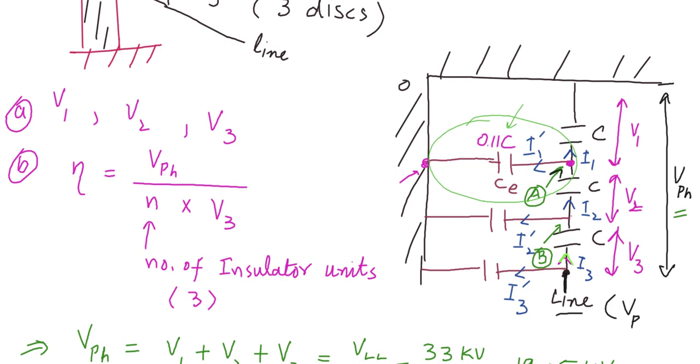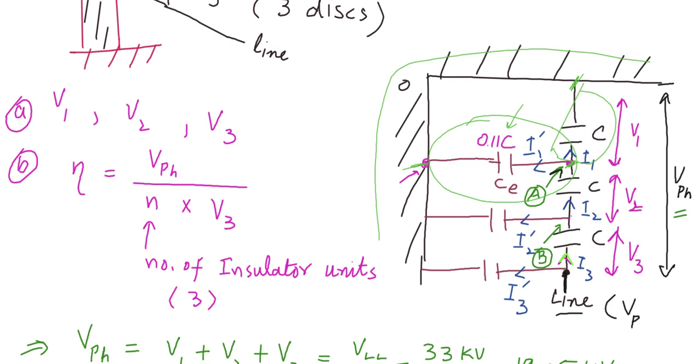So the current flowing will be voltage across this. As you can see, this whole tower is at ground potential, at the same potential. So this node and this node are at the same potential. So this node is common between the self capacitance and the earth capacitance. So the voltage across CE and this top capacitance C will be equal.